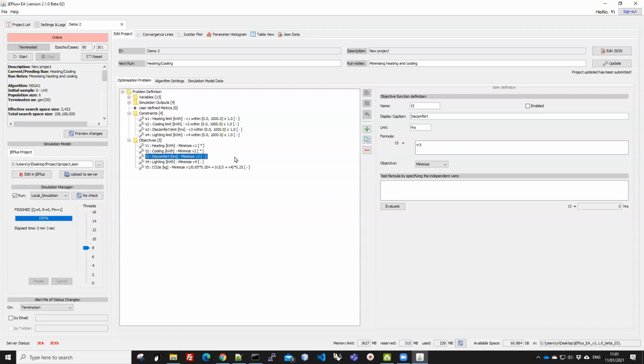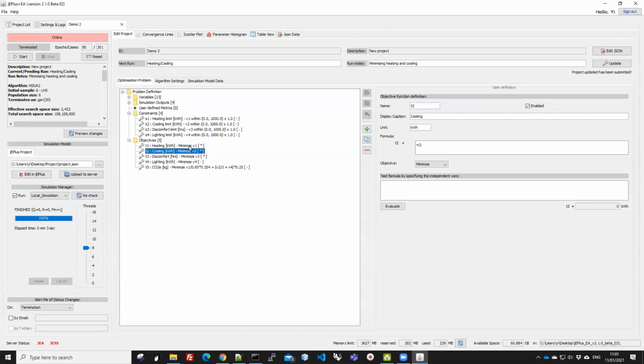There's a rather big difference in terms of the optimization outcome. So let's look at using comfort as an additional objective. What we need to do is enable comfort as an objective in this project.